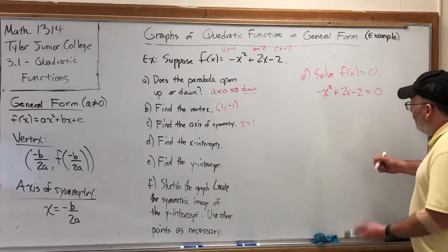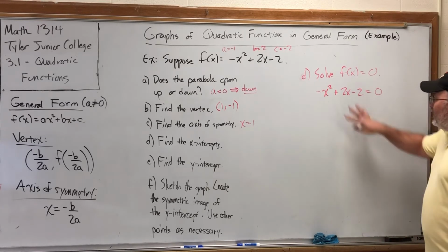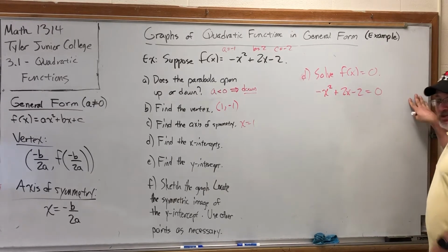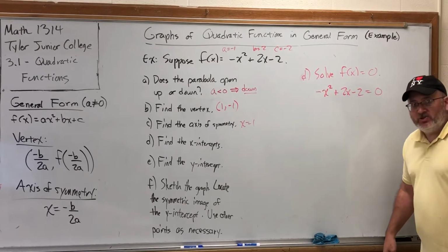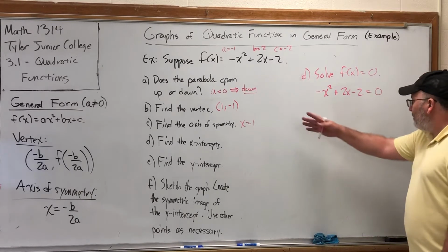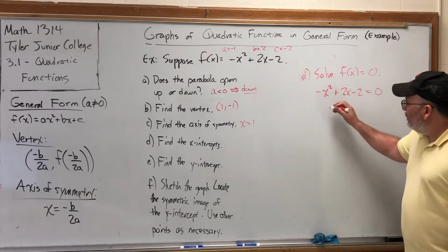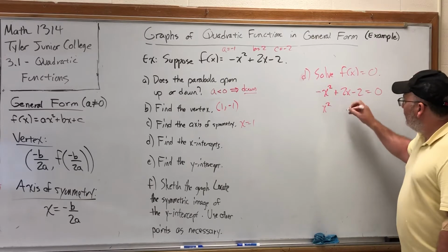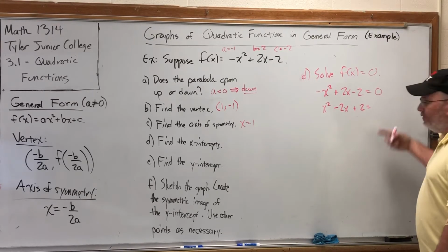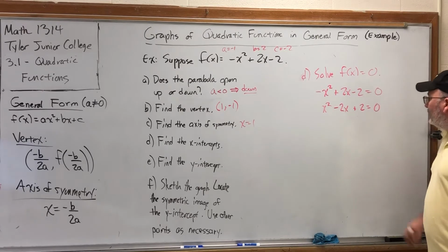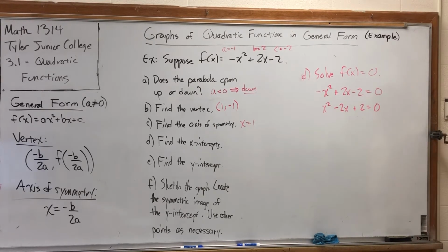So we can do a couple of things to alleviate this negative. We can move everything over to the right side so everybody would change signs. Or we can multiply both sides by -1 and everybody would still change signs. I'm just going to multiply everything by -1. X squared becomes positive, 2x becomes negative, 2 becomes positive, and 0 times -1 is still 0. Okay, that looks a little bit better.